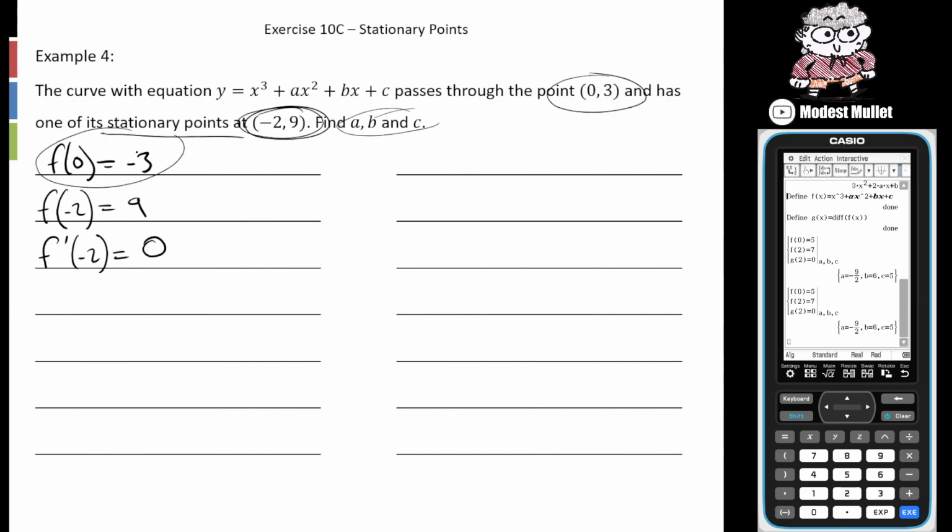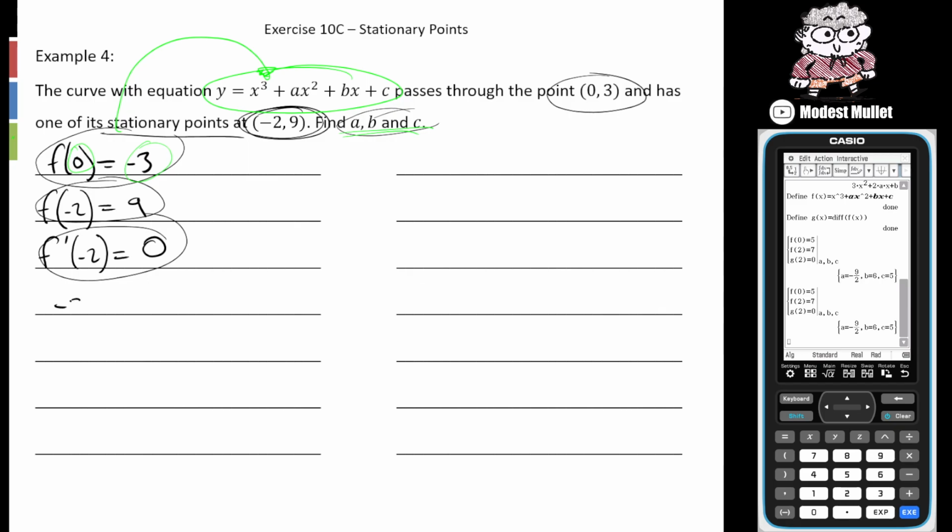Now I can substitute all 3 of these individually into this original equation. Substitute in what's in the brackets for x, substitute what's at the end for y. I get 3 equations with 3 unknowns, which means I have simultaneous equations. So I'll write out the equations quickly for you.